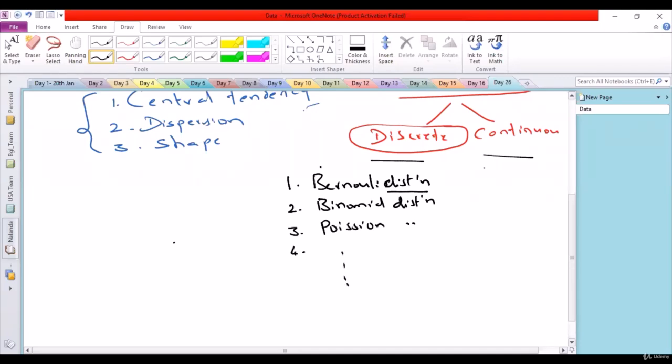Similarly, when we deal with the continuous data, when we deal with the continuous random variable, there are few data distributions which we will be taking the help and trying to understand the data in much better fashion. In that, the most popular one is normal distribution. This is very, very popular, normal distribution.